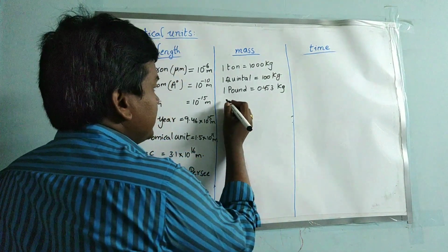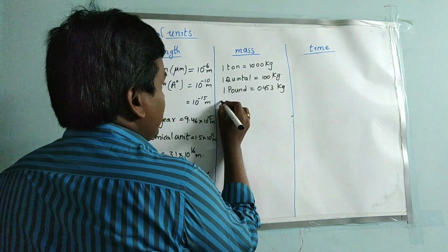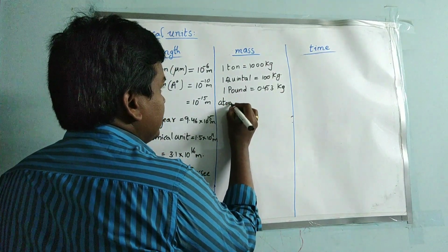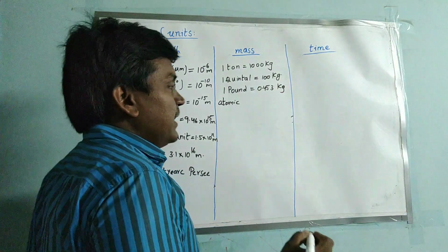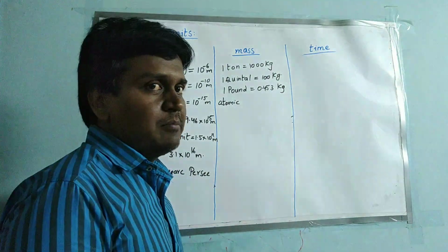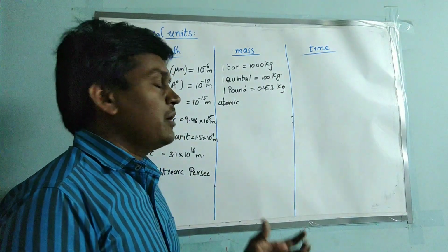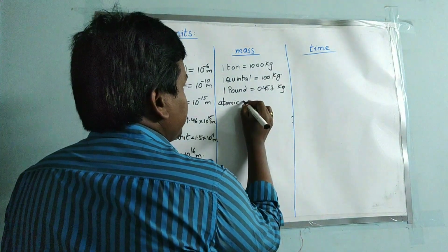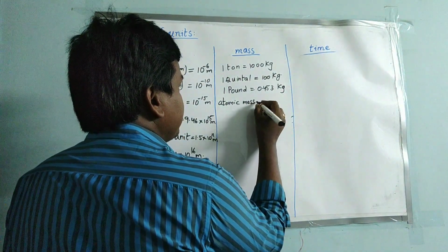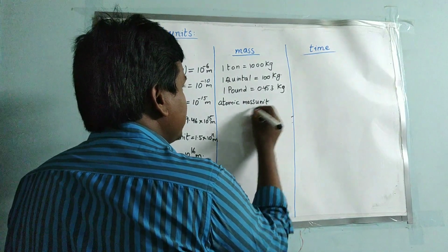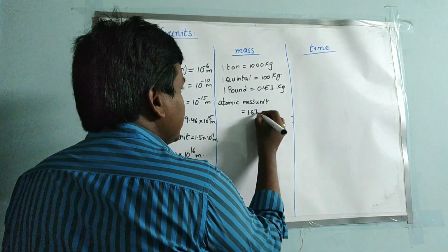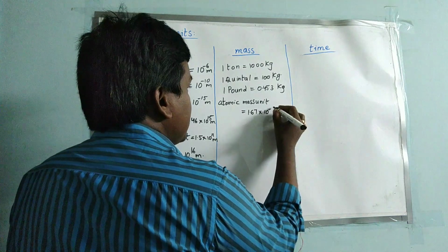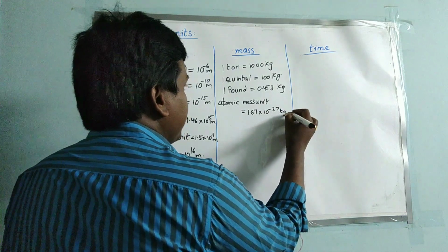And next, atomic mass. We know that in air there are so many molecules and atoms. The mass of an atom or molecule is expressed in the atomic mass unit, and the value is 1.67 into 10 to the power of minus 27 kg.